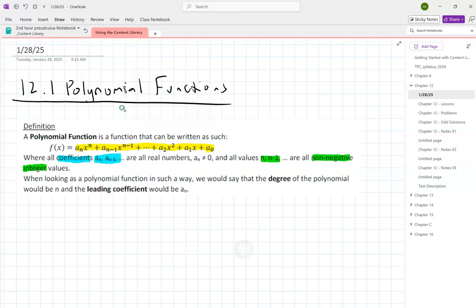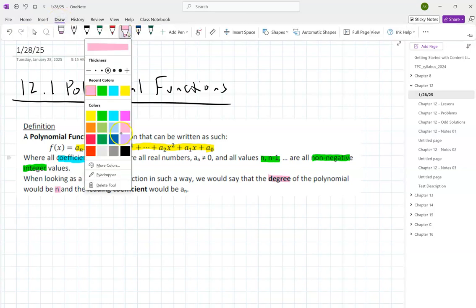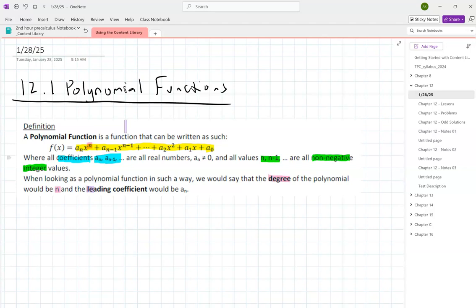And then to describe our polynomial, we use the degree, which is just going to be the biggest exponent, and the leading coefficient, which is the coefficient on the biggest exponent term.